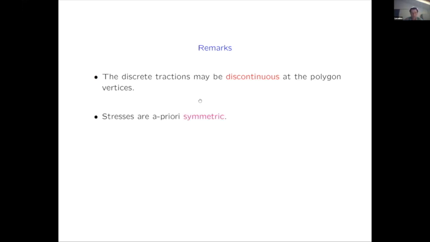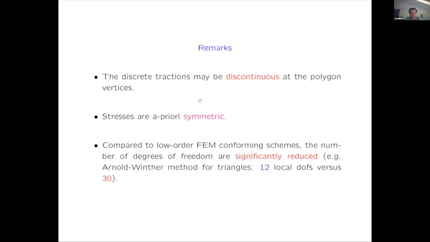Okay, so the stresses are just built symmetric a priori. And if you compare, say, the Arnold-Winther element for triangles with our VEM element for triangles, well, there is a reduction in the local degrees of freedom. We have 12 instead of 30.